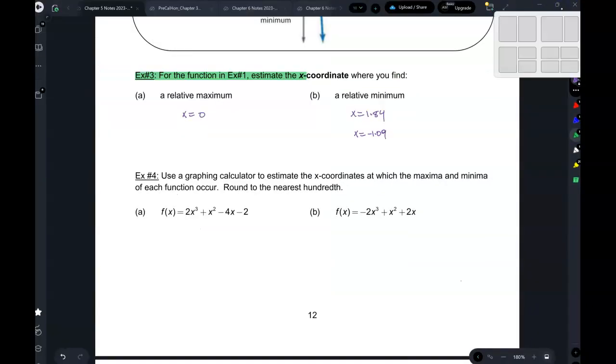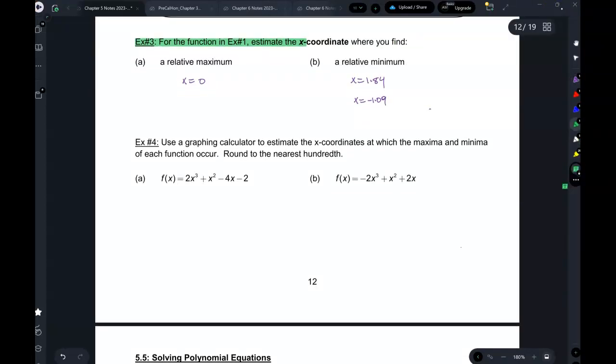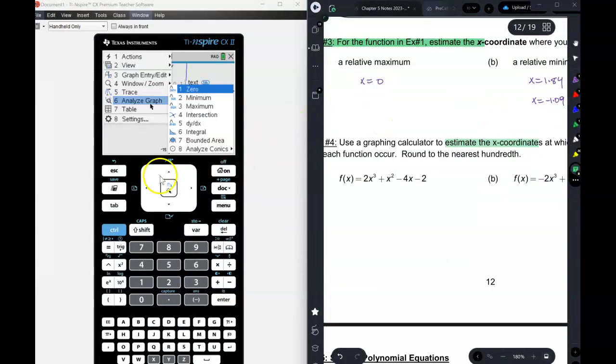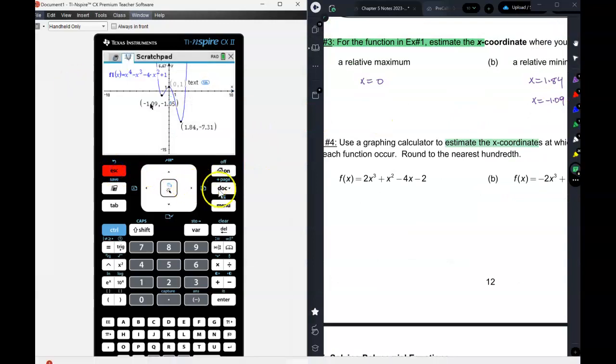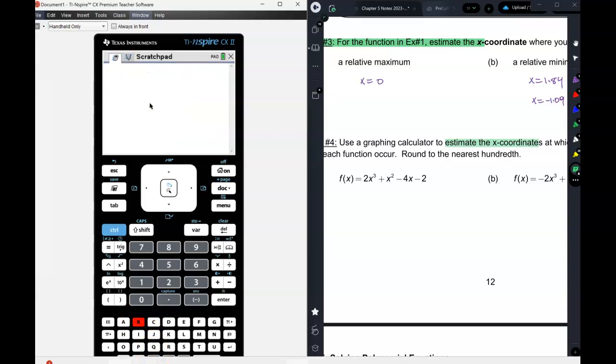So let's take a look at this one. Now it says use a graphing calculator to estimate the x coordinates at which the maxima and the minima of each function occur. All right, so now we're going to go to a fresh function. Before I do anything, I'm going to press Doc B to clear everything because I want it to reset as well.